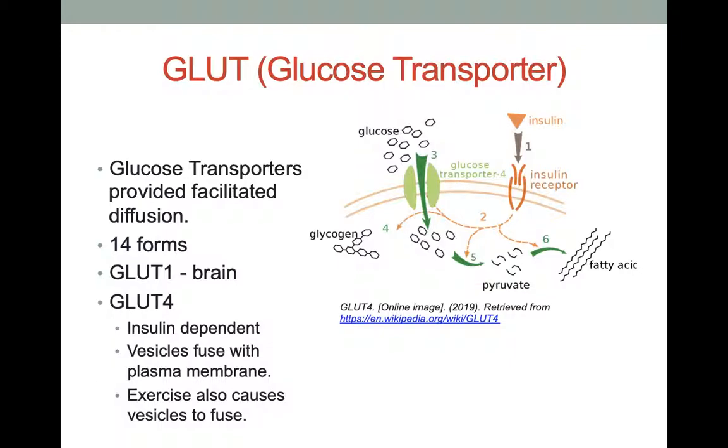These GLUT4 transporters can also be induced to fuse with the membrane via exercise. That's going to be important when we talk about the different types of diabetes in a little bit and some of the treatments for them. So this GLUT4, again, is in most resting muscle cells and other body cells. Working muscle cells and liver cells tend not to need it as much because we can transport glucose there throughout that.